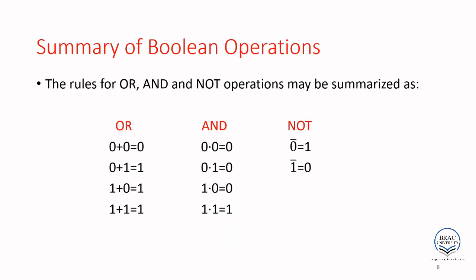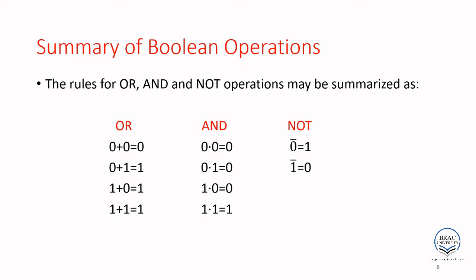Summary of Boolean operations. The rules for the OR, AND and NOT operations may be summarized as follows. If you look at the OR operation, 0 plus 0 is 0, 0 plus 1 is 1, 1 plus 0 is 1, 1 plus 1 is 1. It's not really plus, it is OR. So the output is 0 when both of the inputs are 0, otherwise it is high.